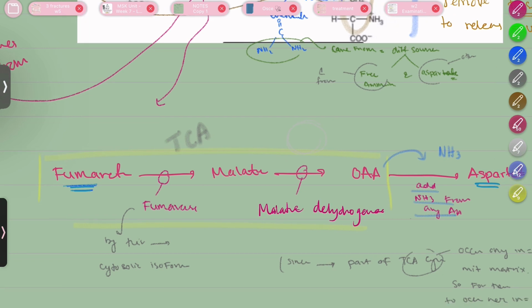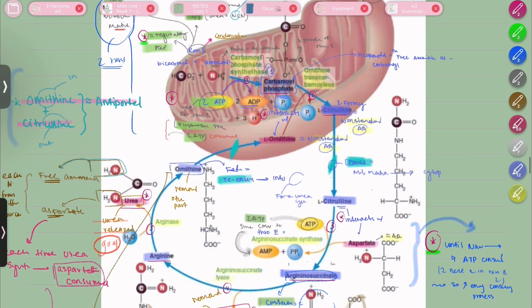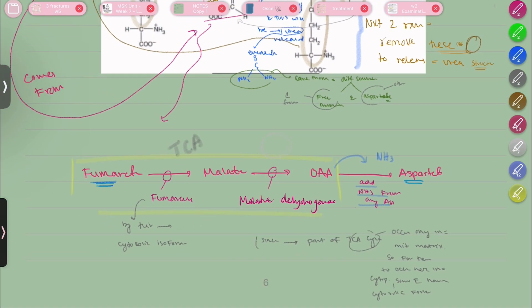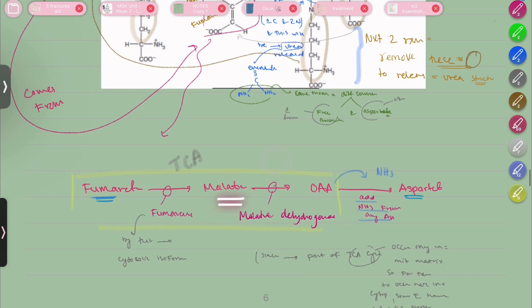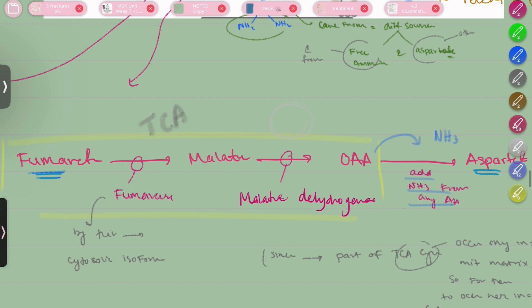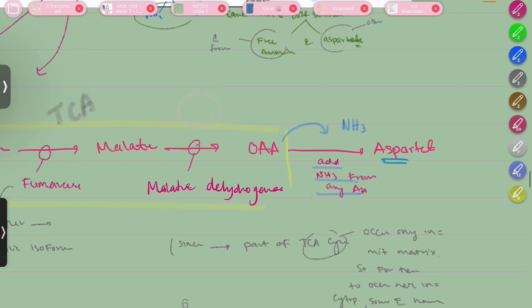So these reactions, you cannot see them in the urea cycle, but they do occur in this process. So the fumarate, which was released, gets converted into malate using the fumarase enzyme, which is the cytosolic isoform, and then malate will be converted into oxaloacetate by the malate dehydrogenase, just like the enzyme in the TCA cycle, but with the cytosolic isoform.